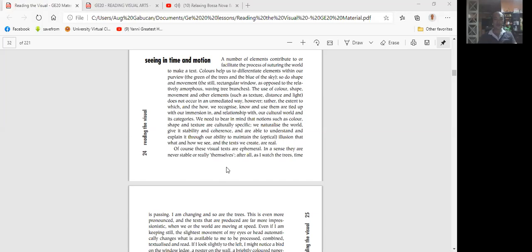The use of colors, the shape, the movement, and other elements which include texture, distance, and light does not occur in an unmediated way.